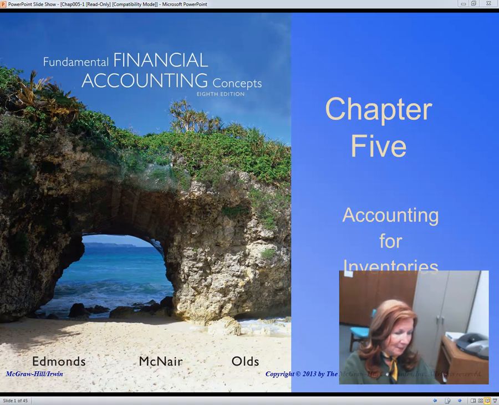So at the top of page 275, they show you what an income statement would look like with all three, what a balance sheet would look like with all three, and then what a statement of cash flows would look like for all three methods. And that's the ending results that you're going to have on your Excel problem.